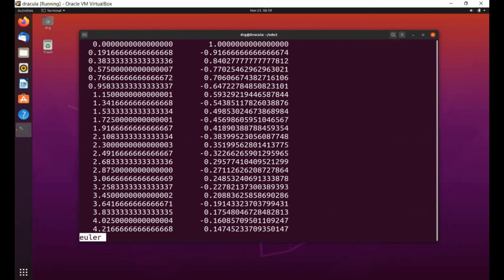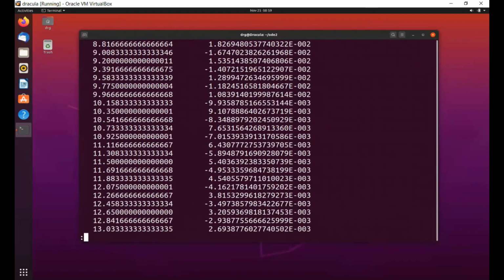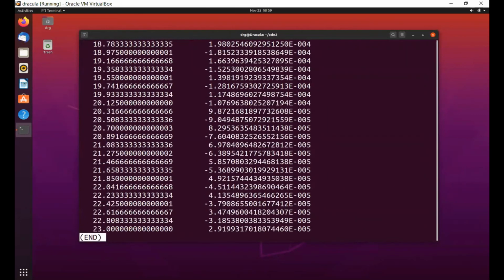But on the other hand, if you look at these numbers, they're getting steadily smaller in absolute value. So the qualitative behavior is correct, but we're not seeing it as dramatically as we saw at the beginning.